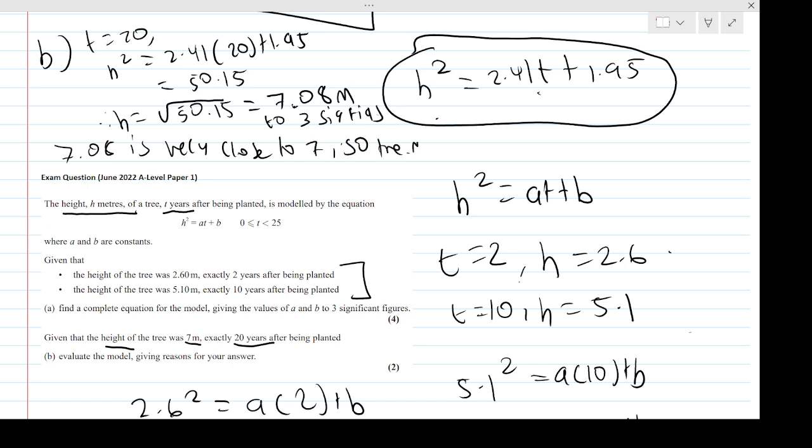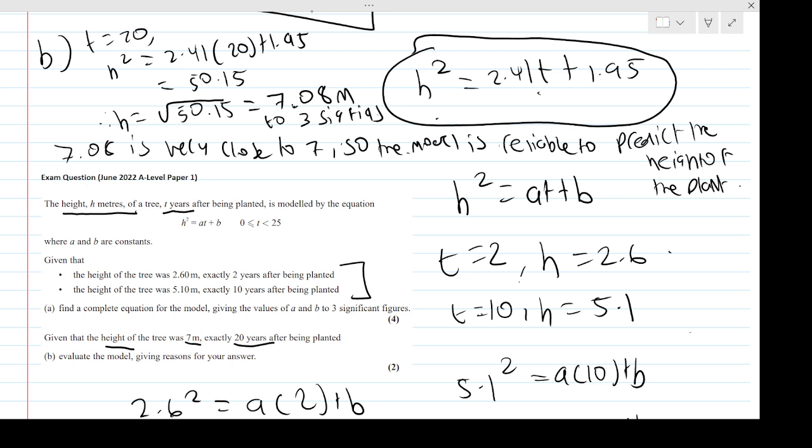So the model is reliable to predict the height of the plant, right? And there we are. Cool. So that's what you want to get at. Essentially, that 7.08 is pretty close to 7. So it's a pretty good model, right?